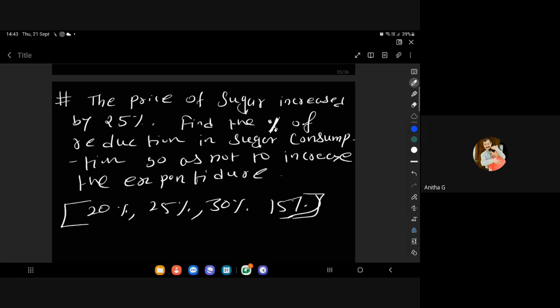So how much percentage reduction in sugar consumption you have to do so that your 100 rupees remains fixed, means your total expenditure doesn't get affected. Is it clear?